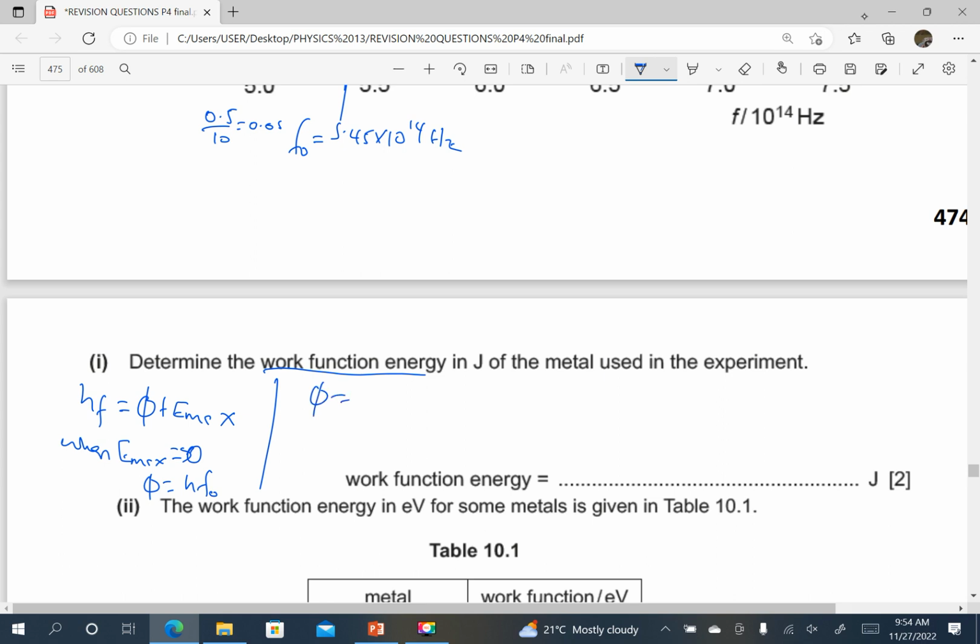So the work function phi is going to be H, 6.63 times 10 power negative 34, times F naught, 5.45 times 10 power 14 hertz. So I press my calculator to find the work function. And from my calculator, the work function is 3.6 times 10 power negative 19 joules.